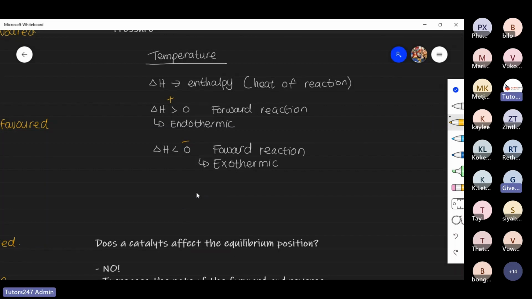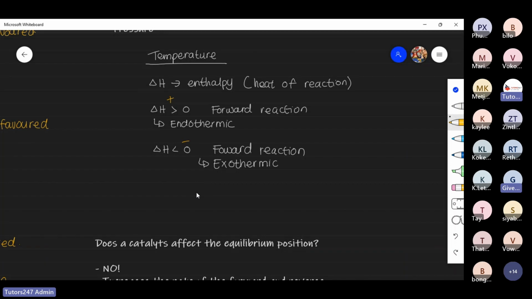If our heat of reaction is negative, our forward reaction will be exothermic and our reverse reaction will be endothermic. Now, I would not recommend memorizing forward endo, reverse exo, forward exo, reverse endo. It's going to make you confused and it's easy to mess up like that.